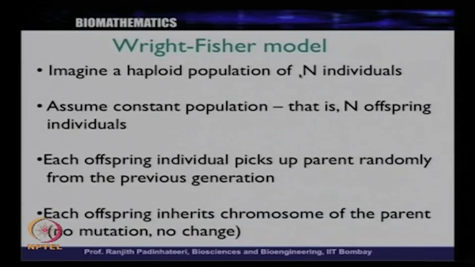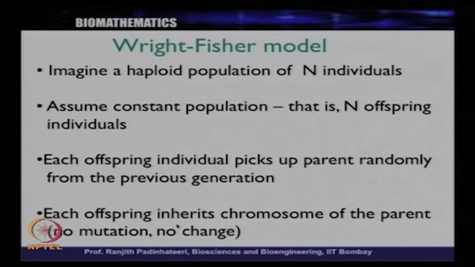So there are n parent individuals and n offspring individuals, and each offspring individual picks a parent randomly from the previous generation, and each offspring inherits the chromosome of the parent without any change. There is no mutation, no change at all.